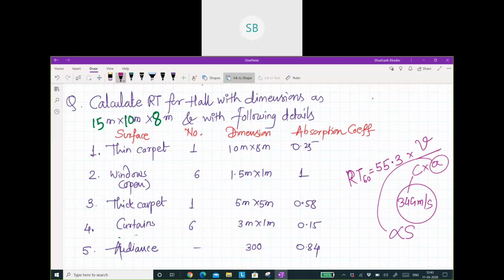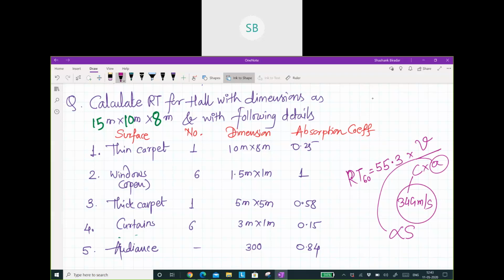For example, in an enclosed room you should be considering the floor, ceiling and walls. These are the surfaces. And alpha is the respective absorption coefficient, because the floor is covered with some other thing, the ceiling is covered with some other thing, the walls are having either curtains or windows and so on.